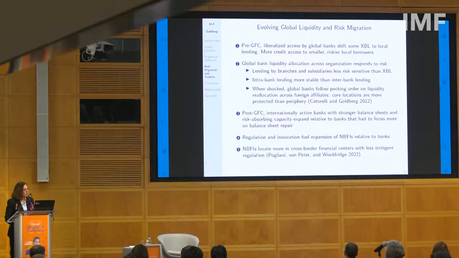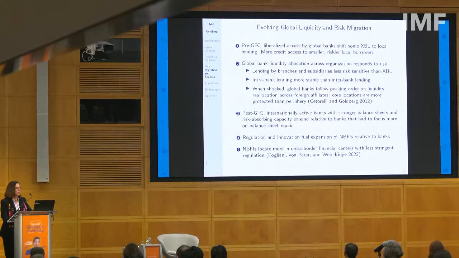When shocked, however, global banks follow a pecking order on liquidity reallocation across their foreign affiliates, with core locations more protected than periphery locations, and this is researched and documented in my work with Nicola Cettarelli. After the global financial crisis, those internationally active banks with stronger balance sheets and risk-absorbing capacity expanded market share relative to banks that had to focus on balance sheet repair.